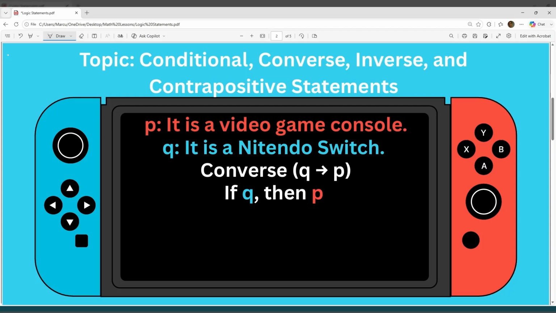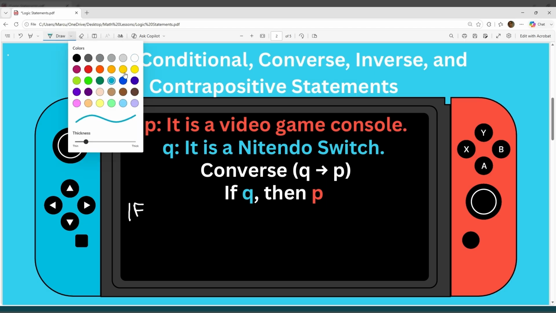Welcome back, everyone. Now we're going to go over the converse statement. So we start with the word if. And notice this time Q comes before P, right? So we're going to use Q, which is written with the blue ink.